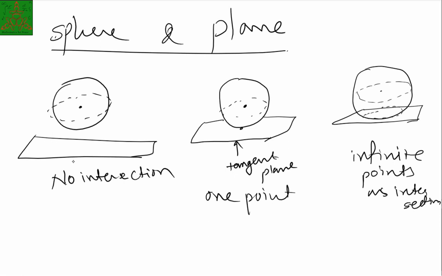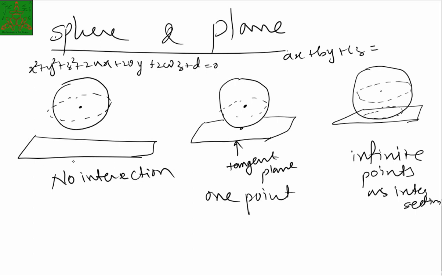Suppose the equation of the sphere is given as x square plus y square plus z square plus 2ux plus 2vy plus 2wz plus d equal to 0, and the equation of the plane is ax plus by plus cz equal to p. Then the center of this sphere is (minus u, minus v, minus w).